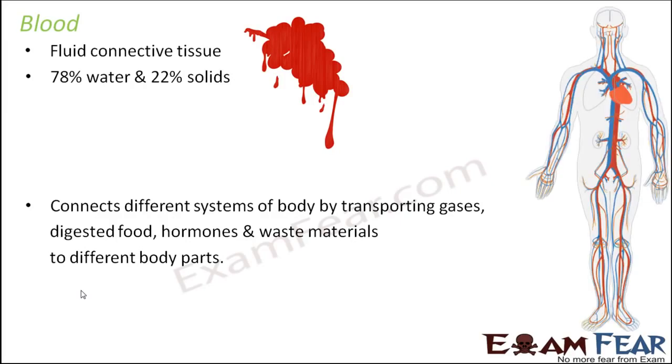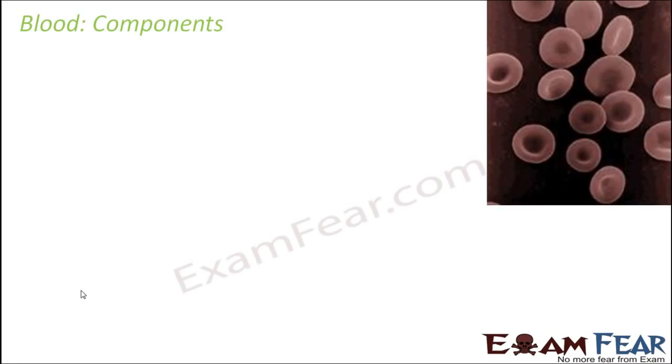Now, we will look at the components of blood. Blood has many different types of components which all together make what blood is. As I said, in any connective tissue, there will be an extracellular matrix, some fibers, some ground substance.